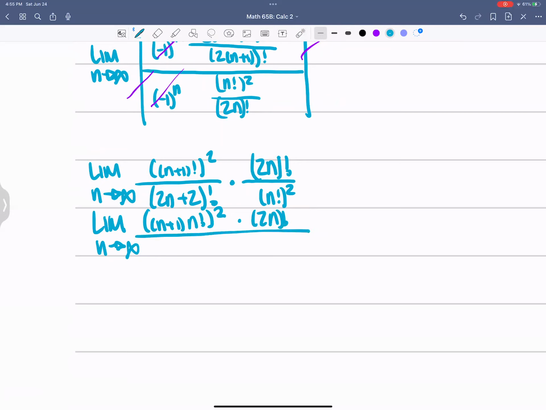In the denominator, the first term we take out of the factorial is 2n plus 2. The next term we could take out is going to be 2n plus 1. The next number we take out is going to be 2n. And we could stop there because we have a 2n factorial up here. So 2n factorial, 2n factorial.